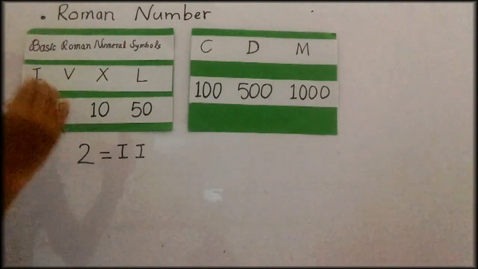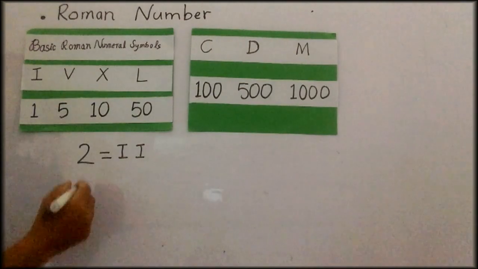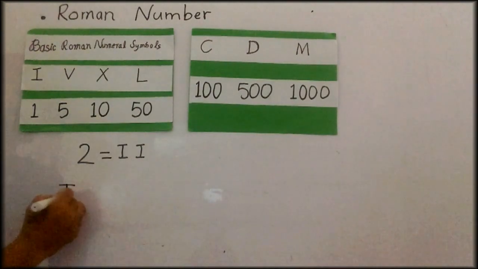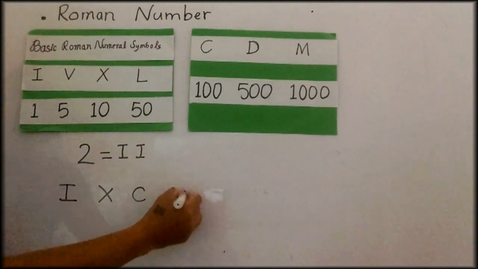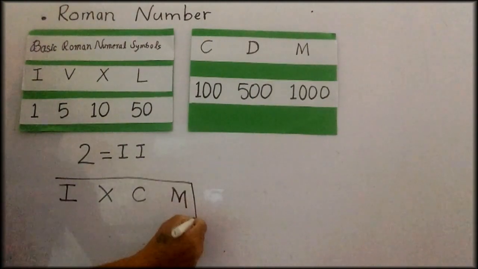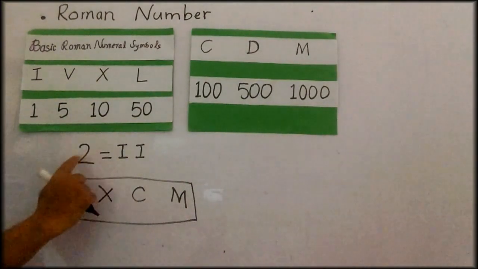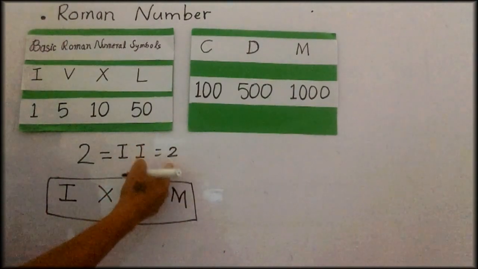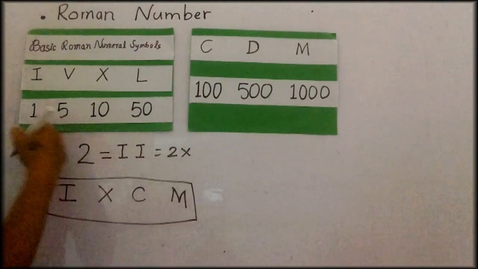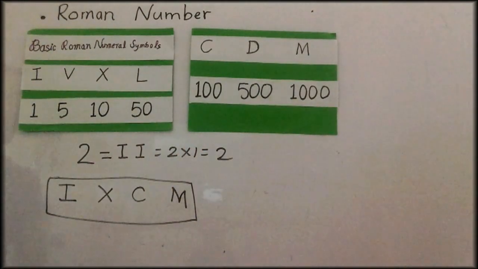There are some rules: some letters we can repeat up to 3 times. They are I, X, C and M. These 4 letters we can repeat up to 3 times. So 2 is II: there are 2 I's, each I represents 1, which means 2.